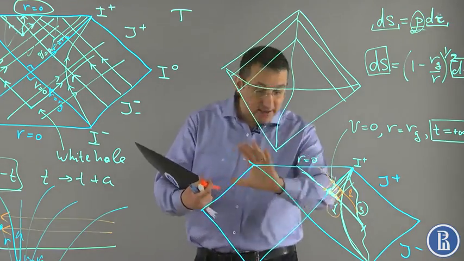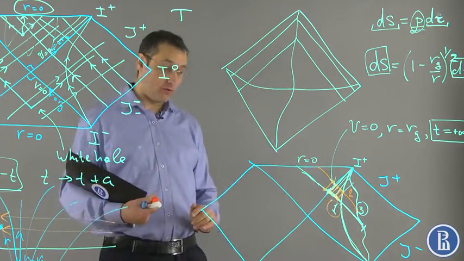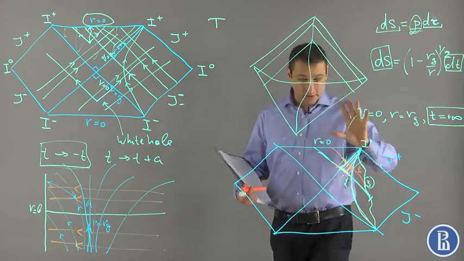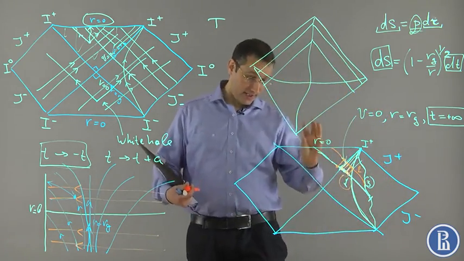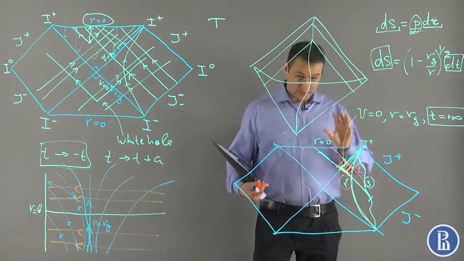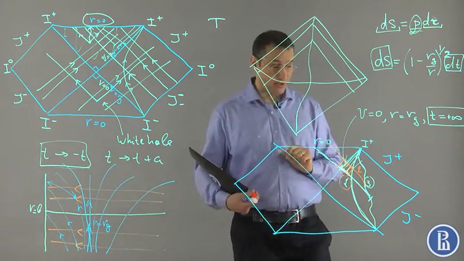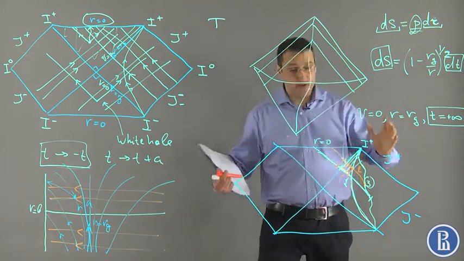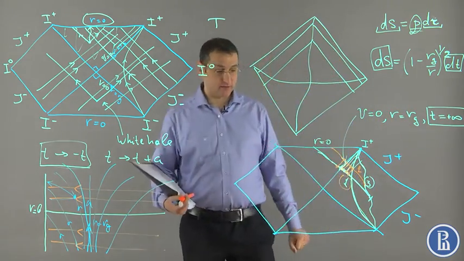So we can qualitatively see properties of black holes with the use of the Penrose-Carter diagram. You see there are causally disconnected regions, so one never can emit something from here that can be received here. This is the reason it is called a black hole. And this is the advantage of the Penrose-Carter diagrams.